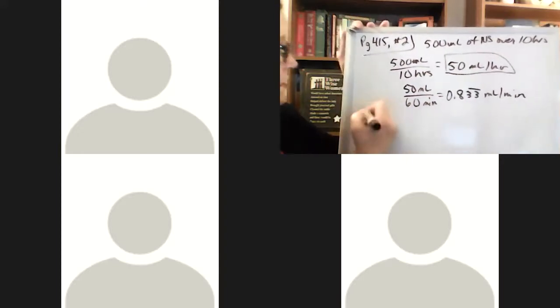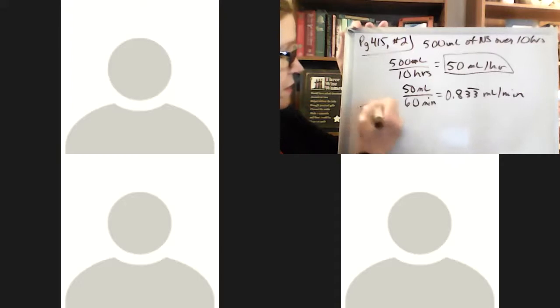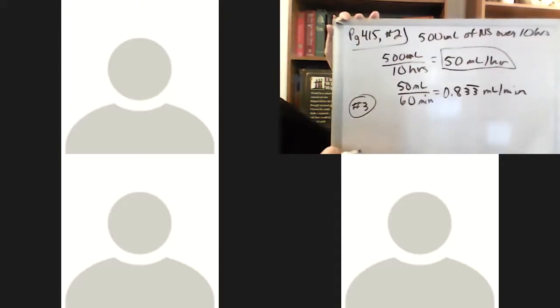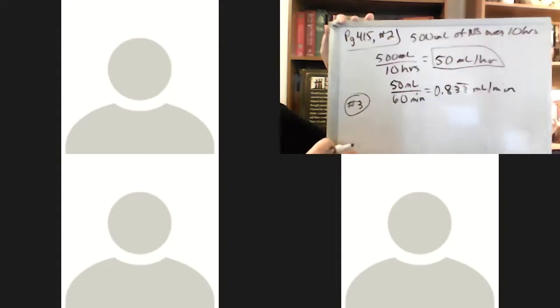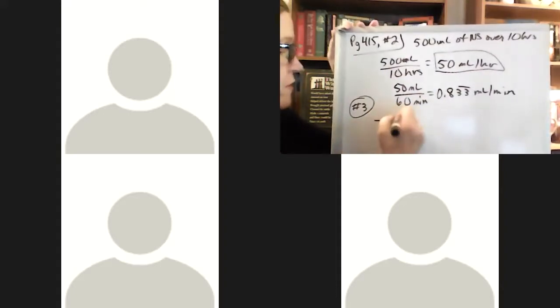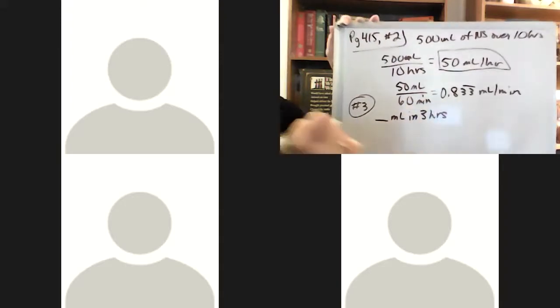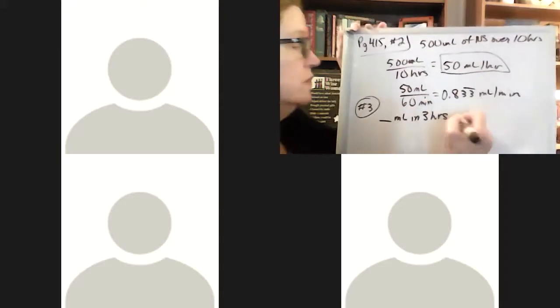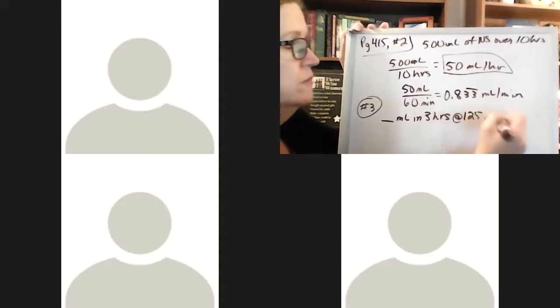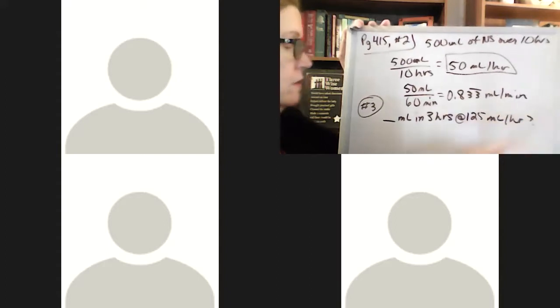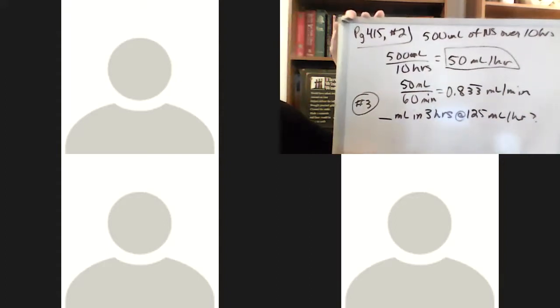And number 3 on that same page, how many milliliters of fluid will a patient receive in 3 hours? So I want to know milliliters in 3 hours if the infusion rate is 125 milliliters per hour.